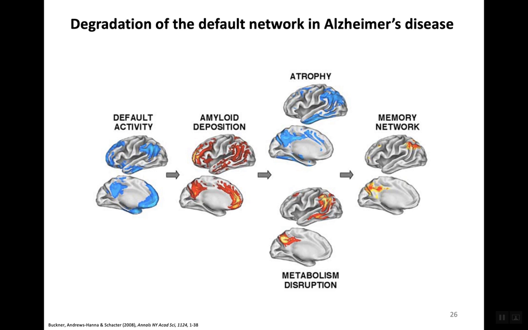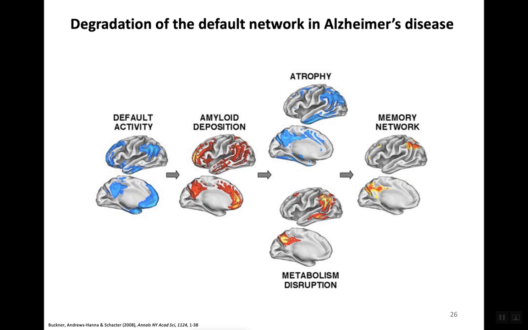And hence, since these areas are part of the default network, it is not a surprise that we see impairments in memory, in envisioning the future, in moral decision making, in theory of mind. All of those types of cognitive phenomena that rely heavily on the default network.